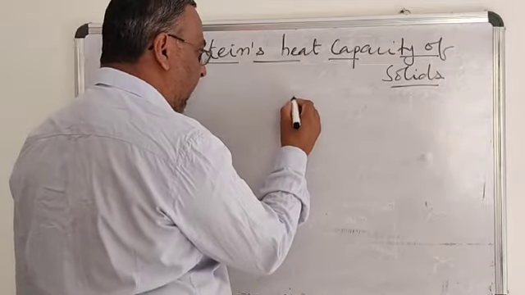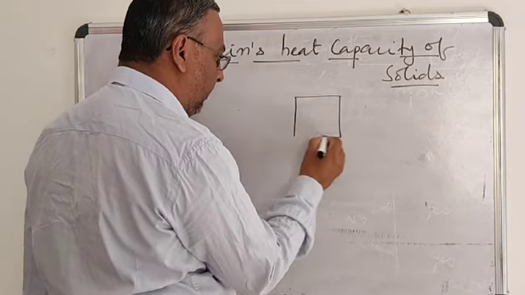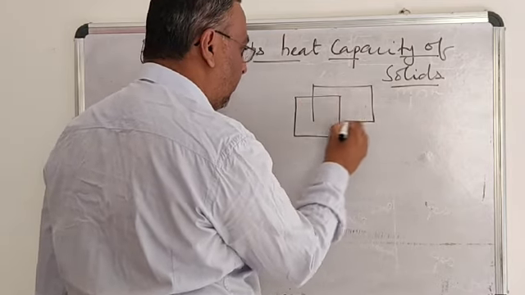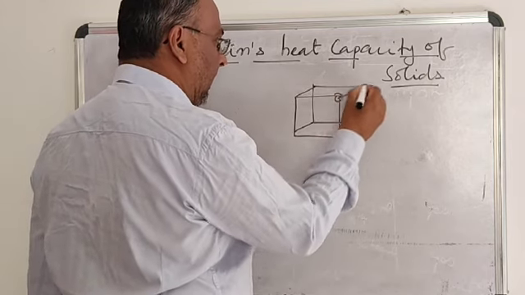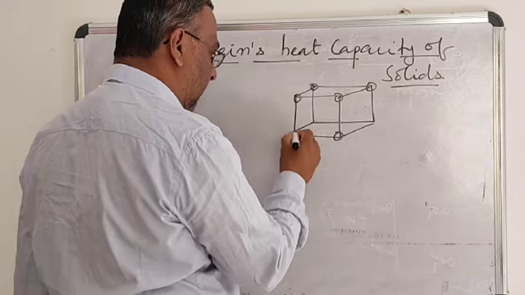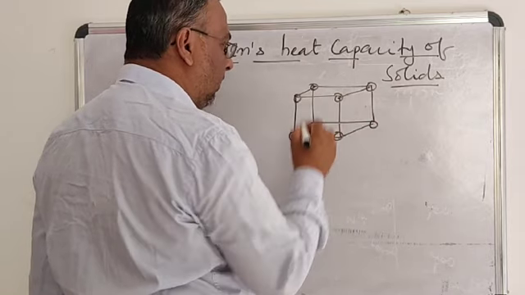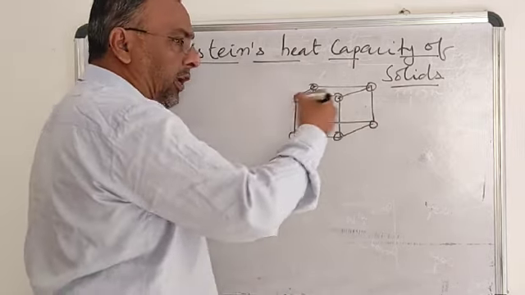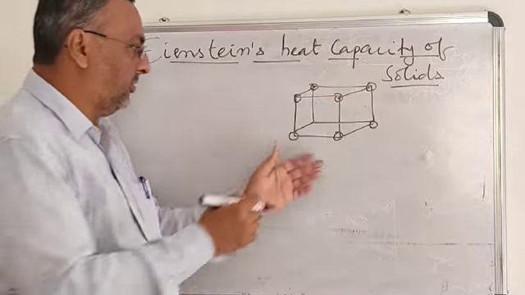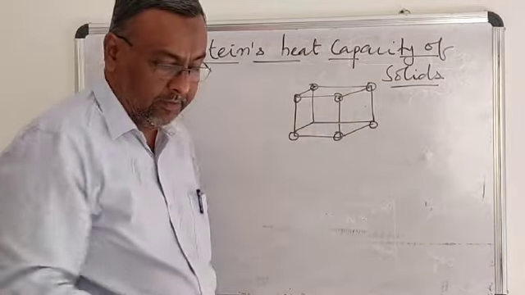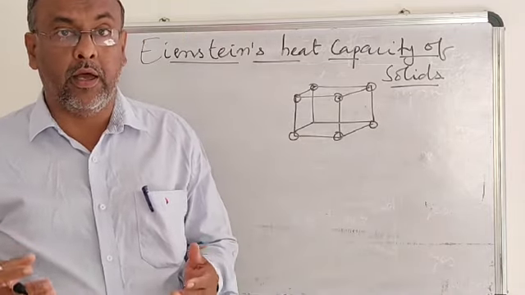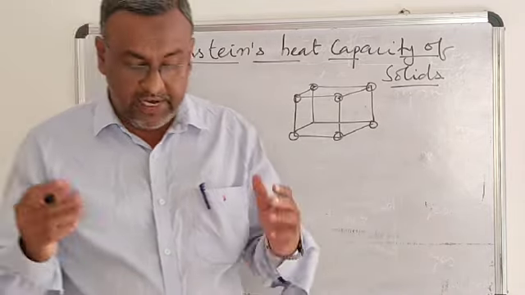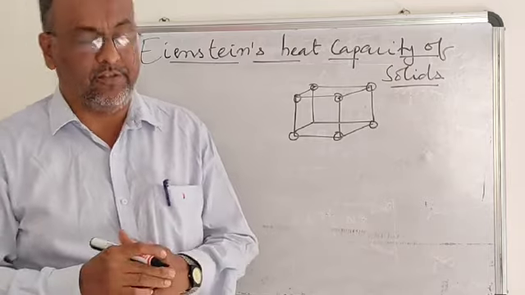For example, if I take a crystal like this, each atom vibrates in three coordinate axes, the x-axis, y-axis and z-axis, and they are oscillating in an independent fashion, and their vibrations are like simple harmonic motions.